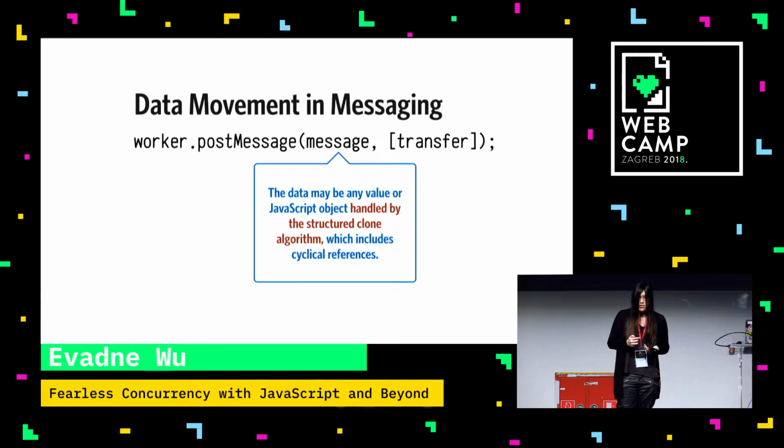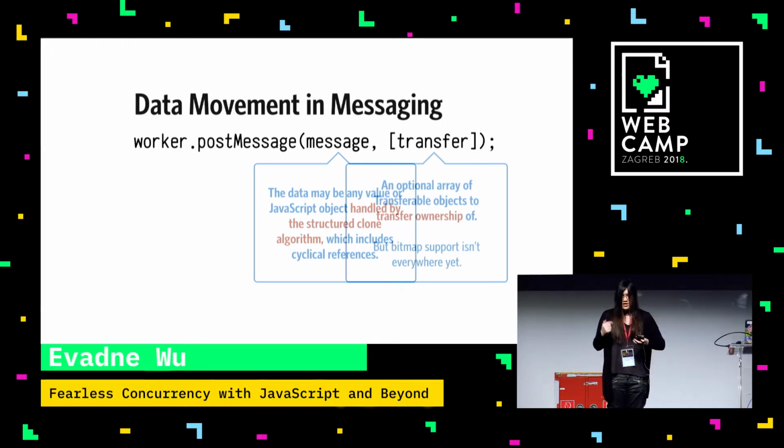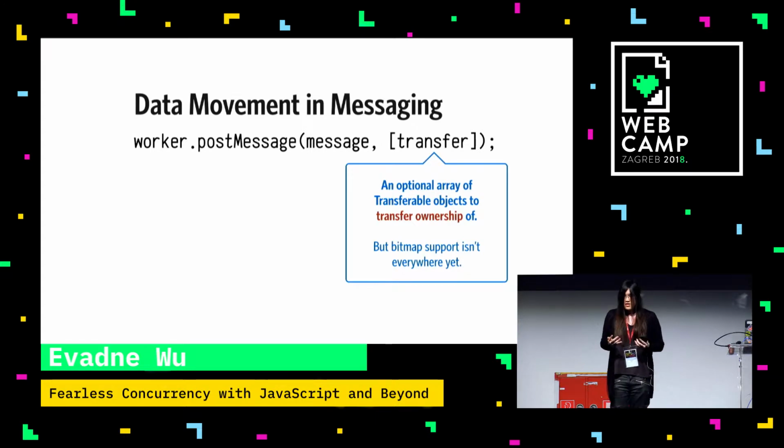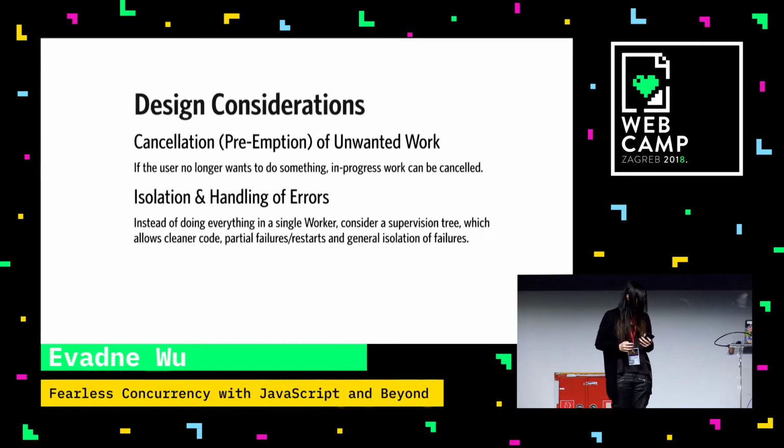Try and look at the transferables list, and if you have particularly large data, like a blob or some kind of representation of an image, then put it in the transfers list. So in the transfers list, I believe it supports at least array buffers. In certain platforms, it actually also supports bitmaps, but not all platforms. So you have to be careful and test it before you do anything else.